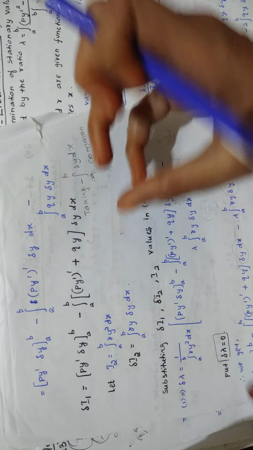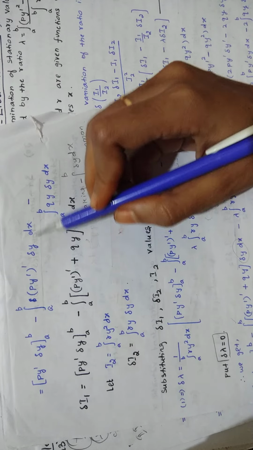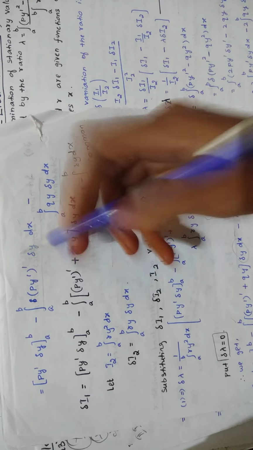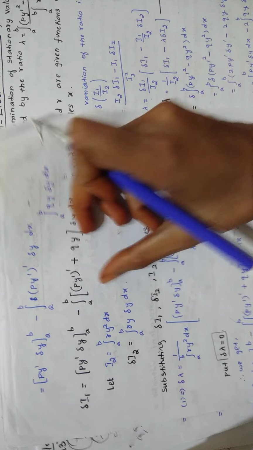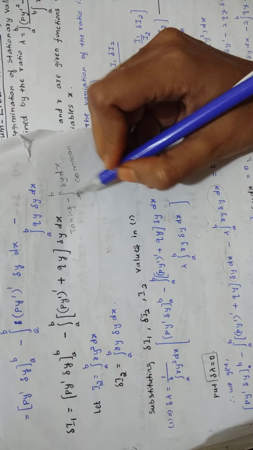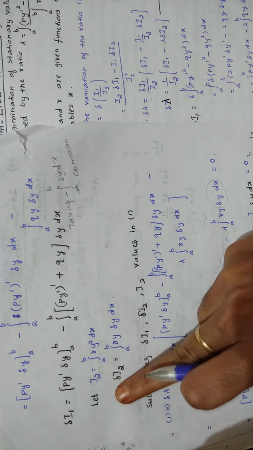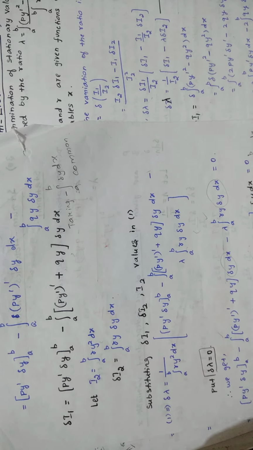You not only took the integration and delta y dx common, you also took this minus common, so that you will get this. You are taking minus integral a to b delta y dx common, so that you will get this.